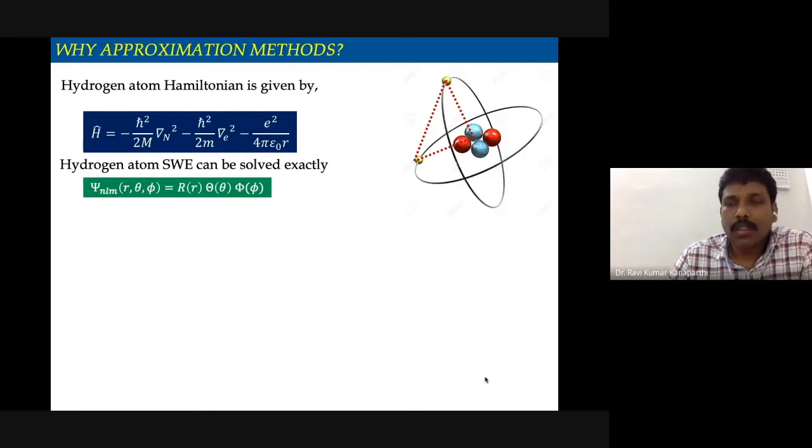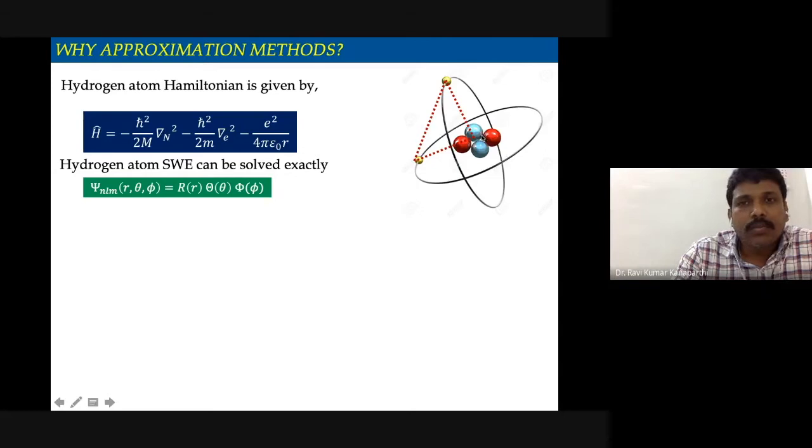We have a nucleus and 2 electrons, shown in yellow in the slide. There is 1 electron, and there is another electron. Since we have more than 1 electron, we also have repulsion. Apart from the attraction, the electrons do repel each other.